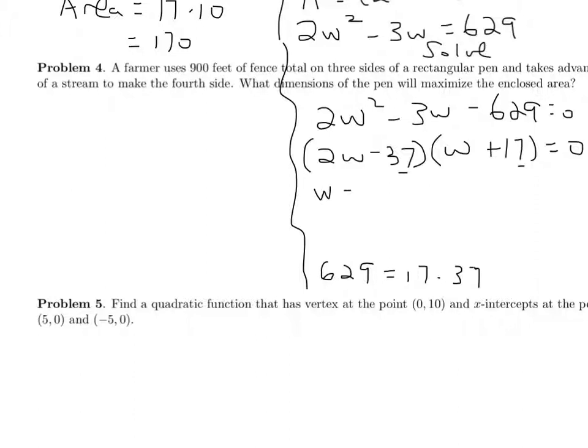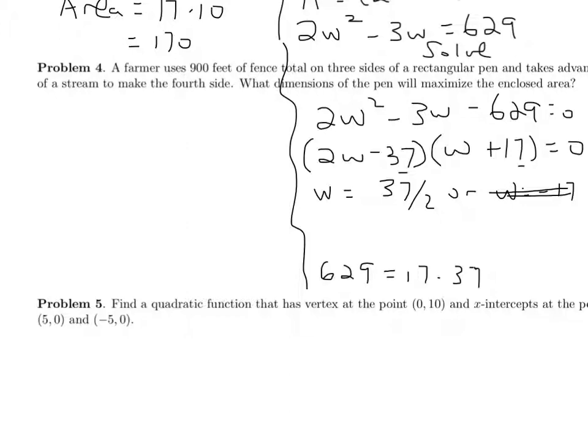So this would mean that W is 37 over 2, or W is negative 17. And obviously negative 17 is not a very sensible answer for a width of something. Because W stands for the width of a rectangle, W really can't be negative 17.